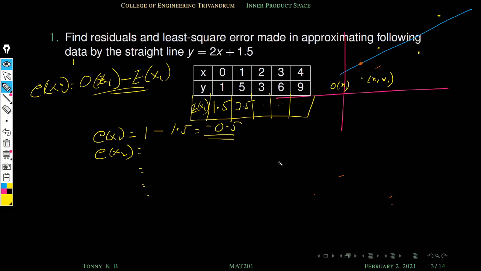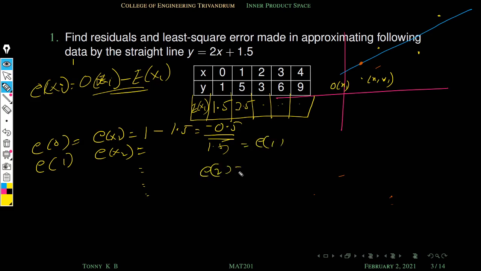Okay, then പെട്ടെന്ന് ബാക്കിയെല്ലാം ചെയ്ത്, similarly you can find e2. I think e2 is 1.5. Okay, here e1 stands for actually E of 0. This is E of 1.